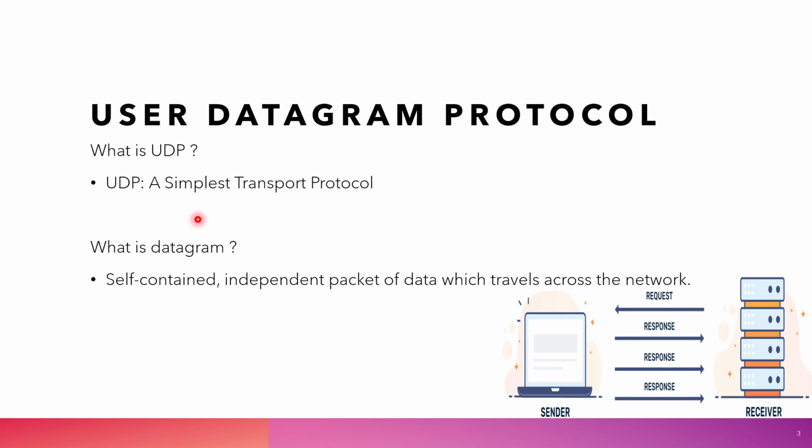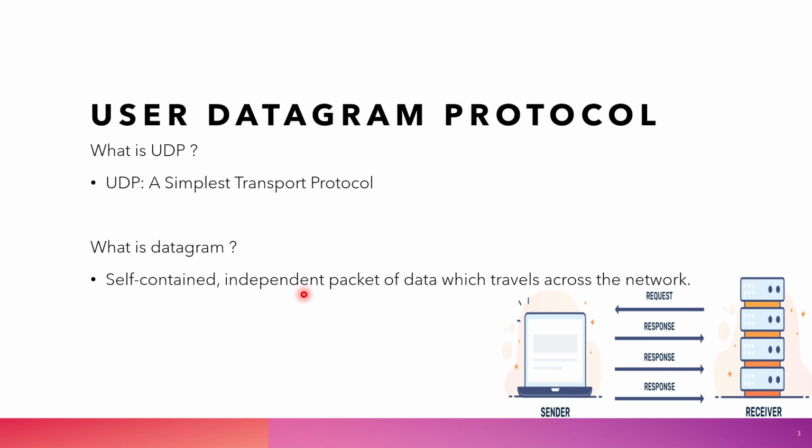After this, as I said, UDP is the User Datagram Protocol. But what exactly is a datagram? A datagram is a self-contained, independent packet of data which travels across a network without requiring a connection. Each datagram is treated separately and may arrive out of order or not at all.